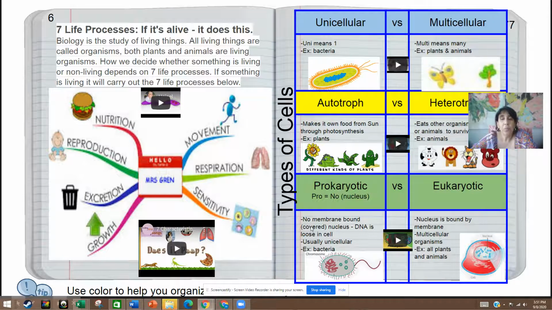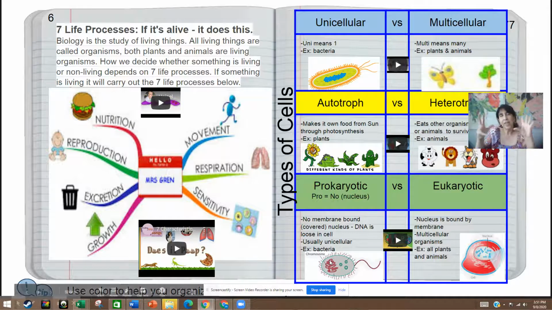So what we know about prokaryotic cells is that they have no membrane-bound nucleus. The word bound means covered. I could say this cup is bound in this black plastic, or a basketball is bound in that orange leather. So it's got a covering. These types of cells, their nucleus doesn't have a covering.